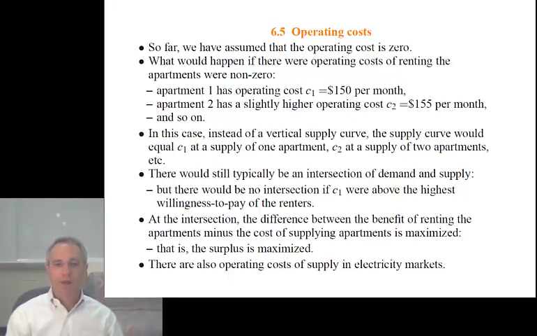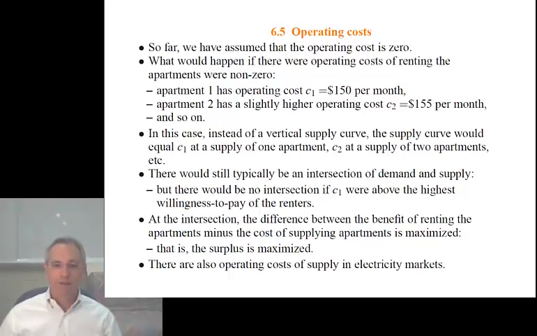So in this case, instead of a vertical supply curve, the supply curve would equal C1 at a supply of 1 apartment, C2 at a supply of 2 apartments, and so on. There'll still typically be an intersection of demand and supply, but let's suppose C high was pretty high and it was above the highest willingness to pay of the renters.